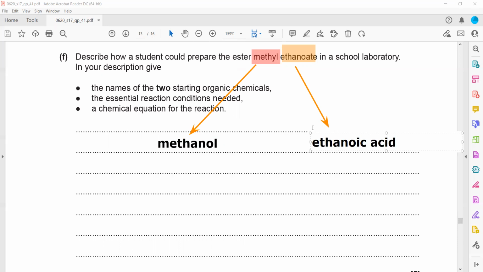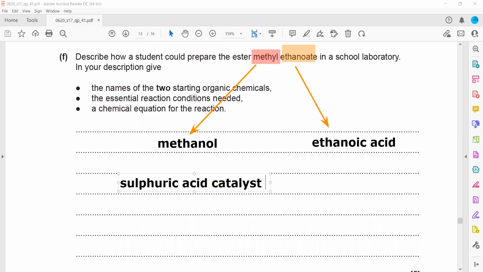So methanol and ethanoic acid are the 2 reagents which we need. What are the essential conditions? This reaction is called esterification. Sulfuric acid is used as a catalyst, and we heat the mixture.